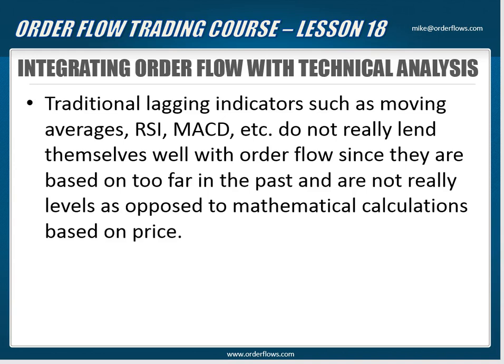Traditional lagging indicators such as moving averages, RSI, MACD do not really lend themselves well with order flow since they're based on too far in the past and not really levels, as opposed to mathematical calculations based on price. What I mean is, you have a moving average, a 200-day moving average. Yeah, price can react around it, and price does, obviously, but what are you using to calculate it?